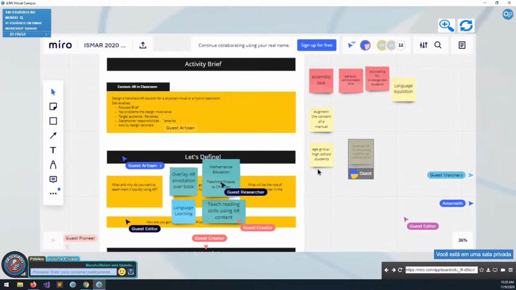So, like the language learning apps that we have, what would be additional in our augmented reality module that would make the solution better than these existing applications? Any other thing that is coming to mind, or should we move to the personas part?